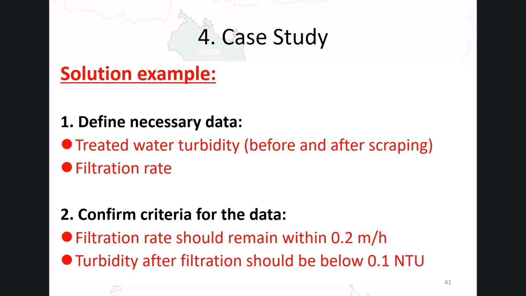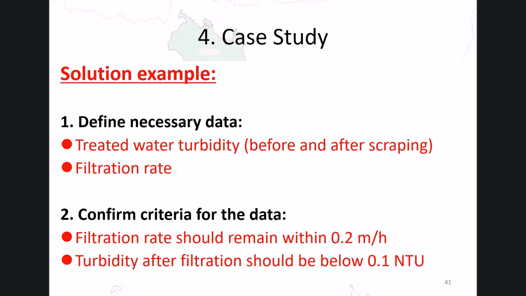The solution begins by identifying the most important data to check. Based on the knowledge from the manual, data such as treated water turbidity, both before and after scraping, can be reviewed. Filtration rate is also essential because it directly influences biological treatment performance.